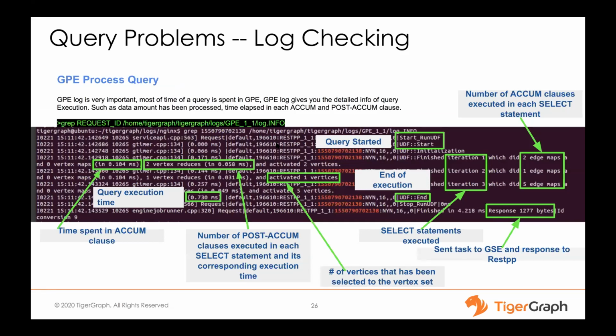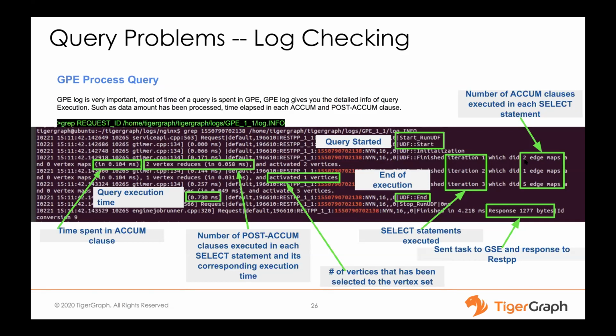This is almost the most important log to look at, that is the GPE log. By grepping the request ID, you can find the whole execution plan of this query. Here you can see when the query gets started, and this is the query running the select statement. Here, iterations 1, 2, and 3 are different select statements. For each select statement, we know that it has an ACCUM clause and a POST-ACCUM clause, right?